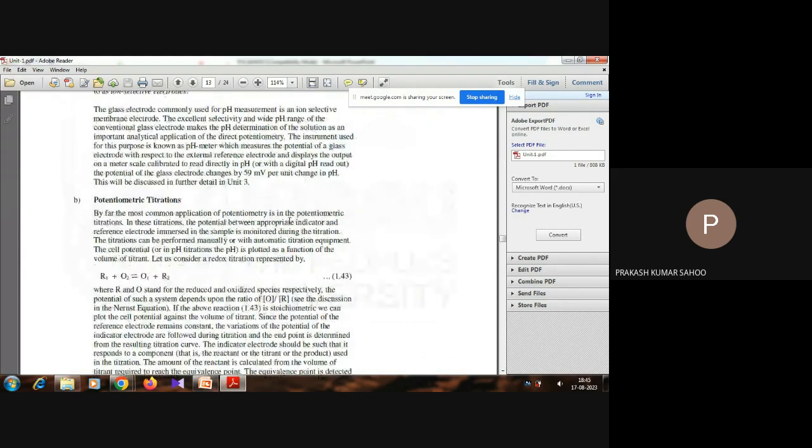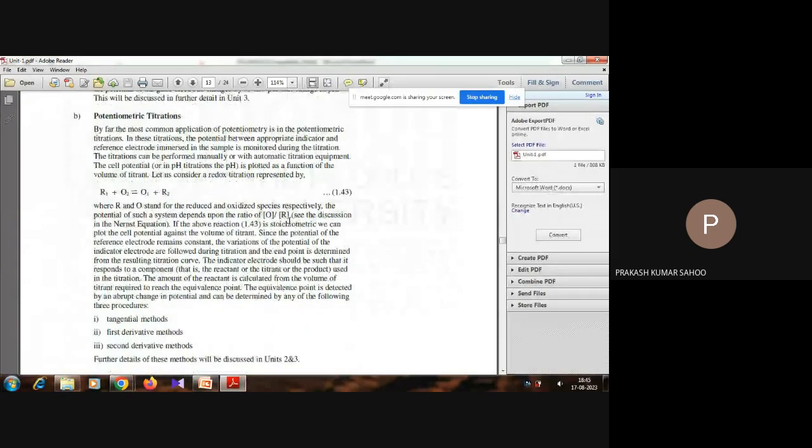The second one is potentiometric titration, where the acid base titration is carried out with a definite concentration of base or alkali.